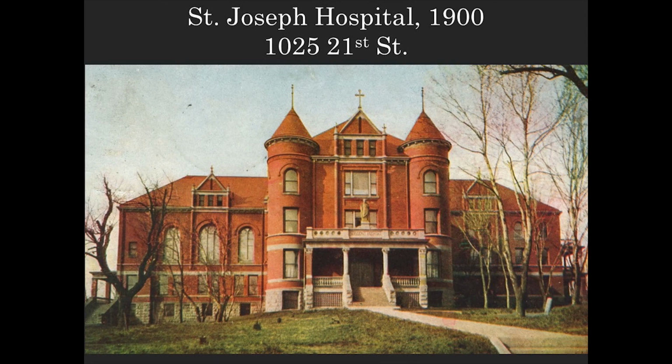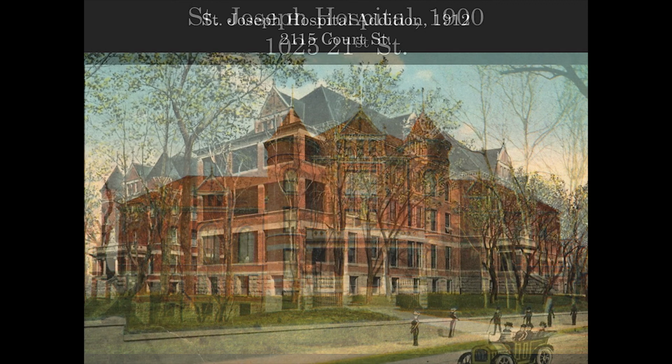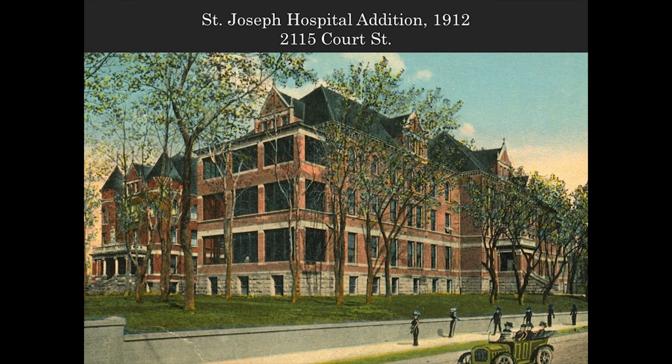St. Joseph Hospital, built in 1900 at 21st and Court Street, has rounded Roman arches, rounded towers, a parapeted dormer, and again you can see the rough-cut stone around the lower foundation walls of this structure. In addition to that hospital, in 1912, came up with the same design aesthetic of Richardsonian Romanesque with the rough-cut stone and rounded Roman arches and parapeted dormers.